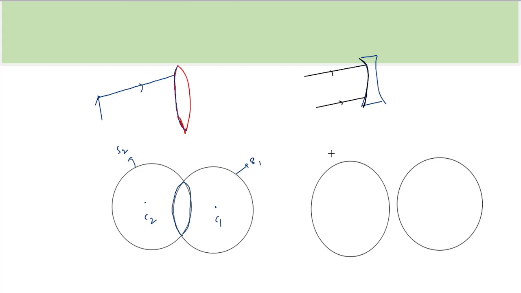So for a concave lens, this would be the first sphere and this would be the second sphere. The center of the sphere is somewhere here, we call it C1, and this we call C2. So we can assume that these are part of the concave lens.